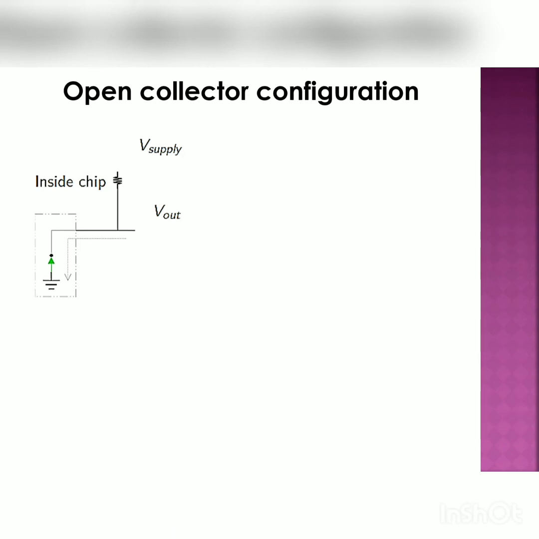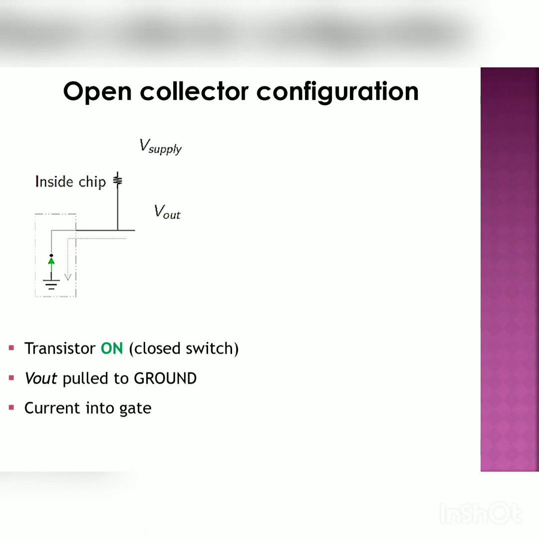In this case, Vout will be equal to 0. The transistor is on, acting as a closed switch. Vout will be pulled to ground, that is 0 volts, and the current will flow into the gate.